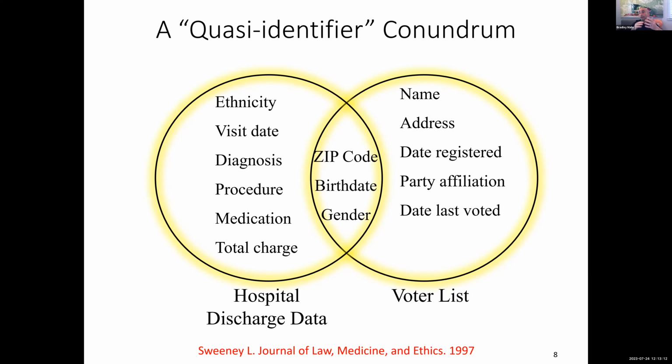She showed that if you grab the city of Cambridge's voter registration list, and she paid $20 for it, and that was publicly accessible, you could find that he was the only guy living in his 5-digit zip code with his birth date and gender, and that he was the only person admitted to Massachusetts General Hospital around that time with those factors. And that's how he was re-identified.